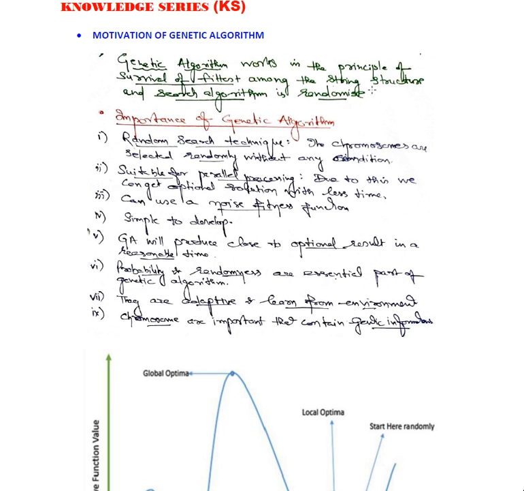Survival of the fittest among the string structure, and the search algorithm is randomized. String structure is nothing but the bits that we use to create the chromosome.